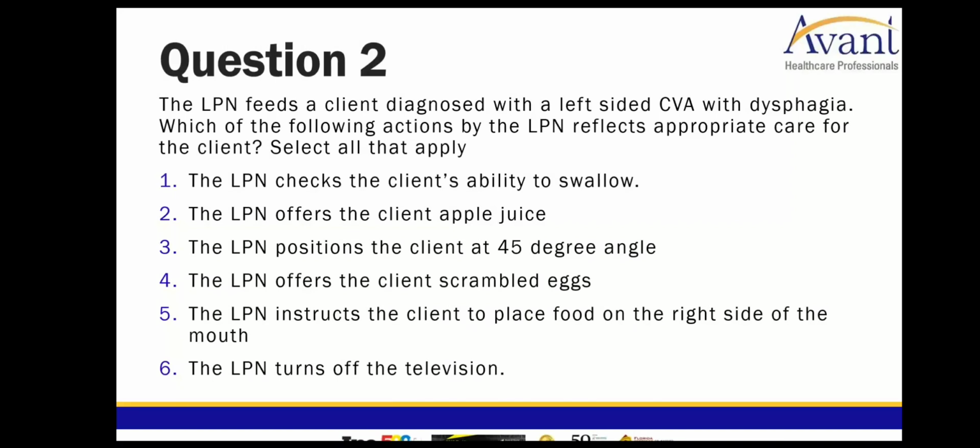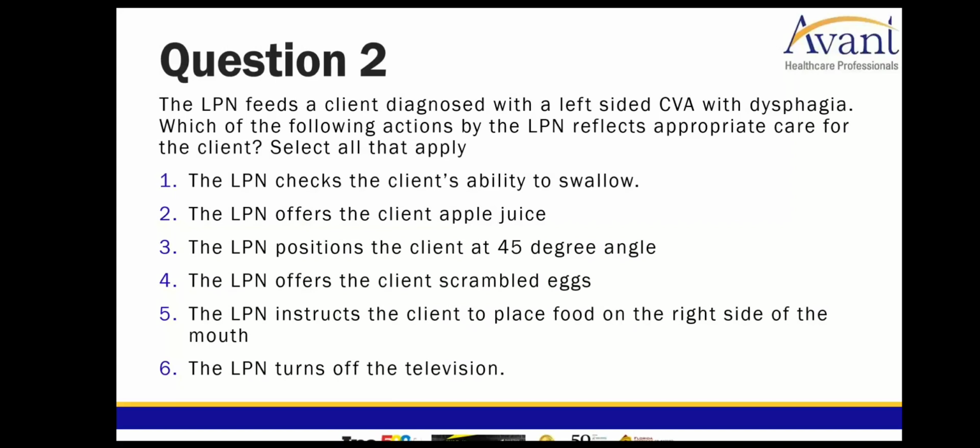And it is the responsibility of the LPN to effectively determine if she or he can complete the task appropriately. So there does require a sense of assessment. So don't let this word throw you off, that the LPN checks the ability to swallow, because it is part of the task that the nurse is completing to feed the patient.